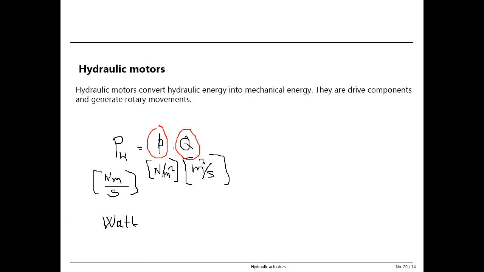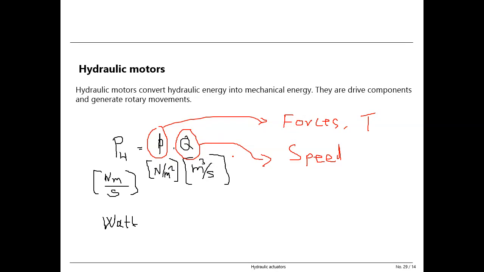The pressure is related to forces and torques, and flow rate is related to speed. So two important parameters in hydraulic and also in pneumatic.